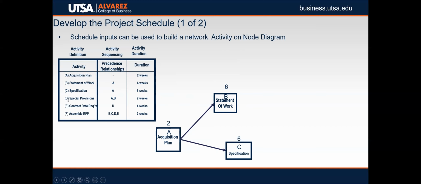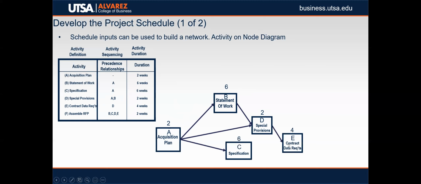Continuing on, D, special provisions, has a predecessor of both A and B. So we'll draw arrows from A and B to D, and we'll mark it as 2 weeks, as indicated in the table. Next, we have contract data requirements, which is item E, and it has a predecessor of D, which is our special provisions.